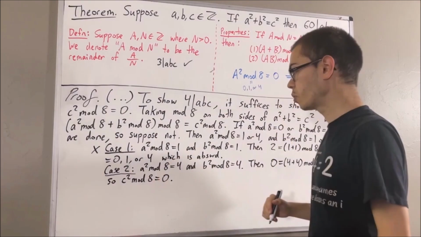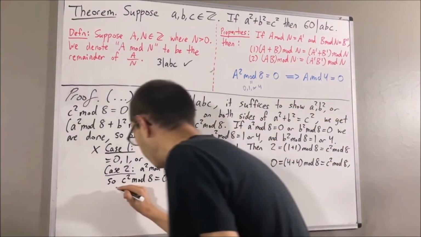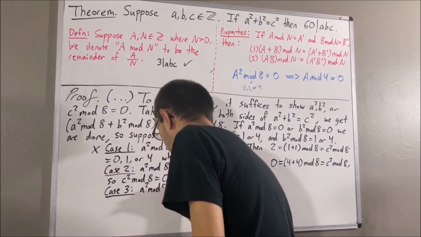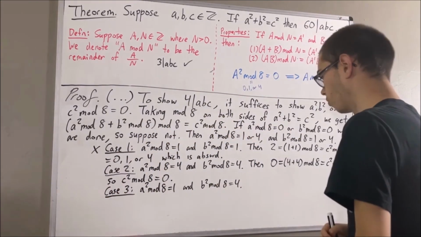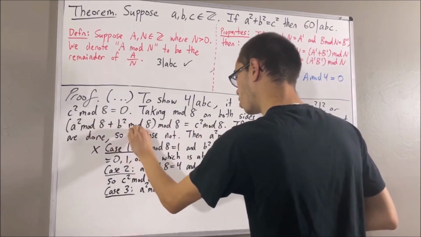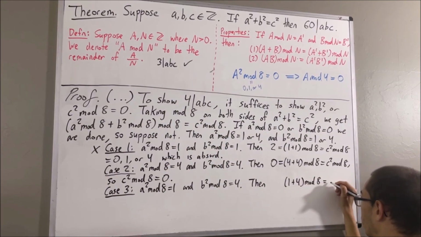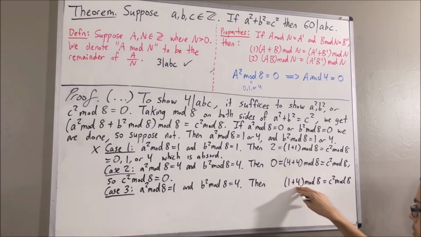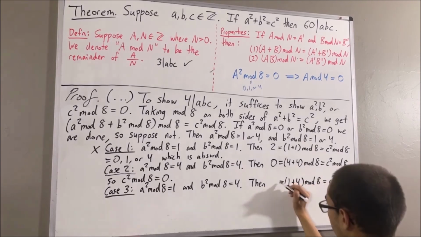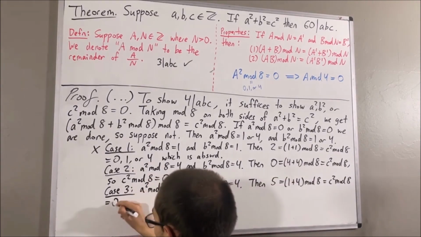Now let's move on to case 3, where this guy is equal to 1, this guy is equal to 4. Well, if we take this and substitute it into our equation, we get 1 plus 4 mod 8 equals c squared mod 8. Now, 1 plus 4 mod 8 is equal to 5, and c squared mod 8 is equal to 0, 1, or 4.